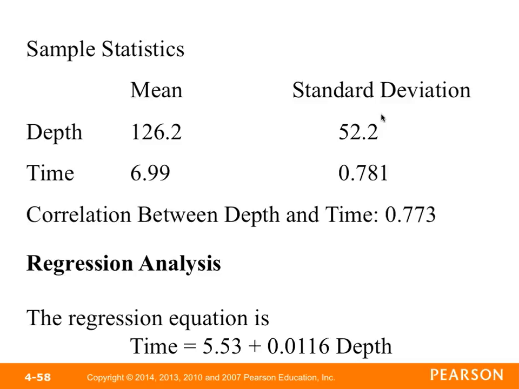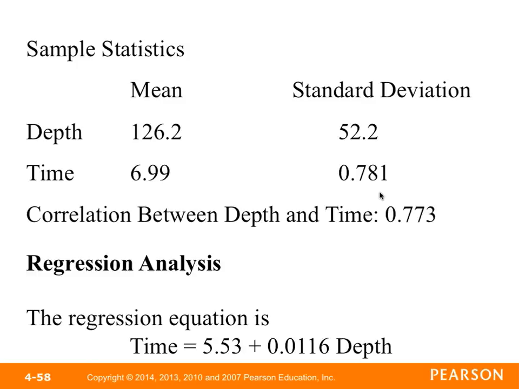So we do have some sample statistics. These would be calculated either using Excel, Minitab, or your graphing calculator, and the mean and the standard deviation were calculated for each. So the mean for the depth was 126.2. The standard deviation for the depth was 52.2. The time was 6.99 for the mean and 0.781 for the standard deviation.